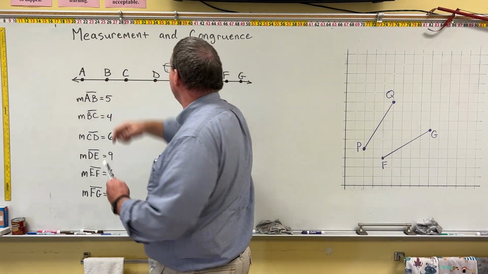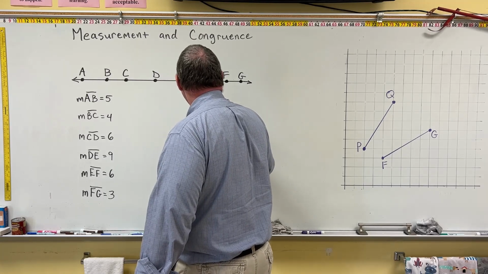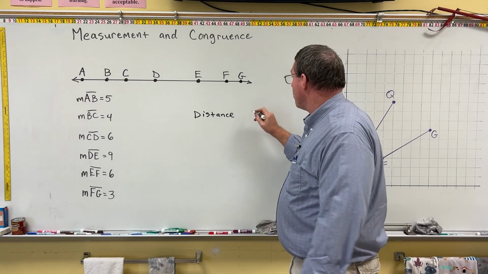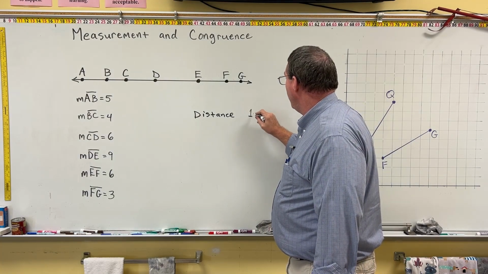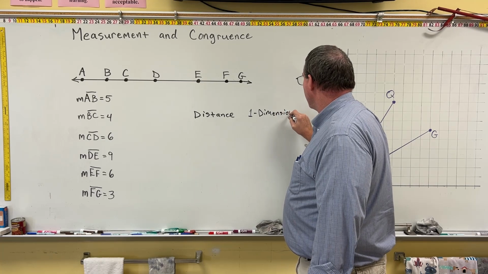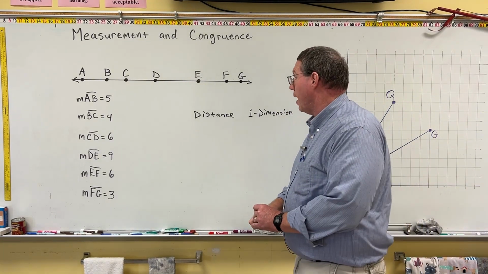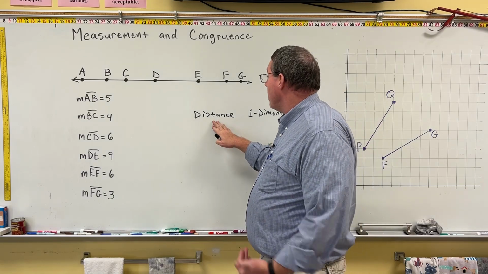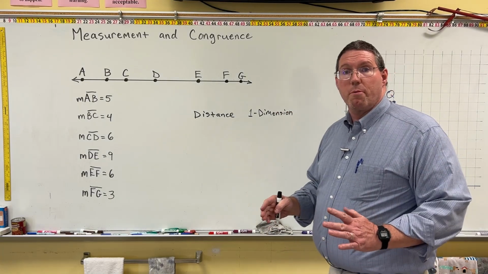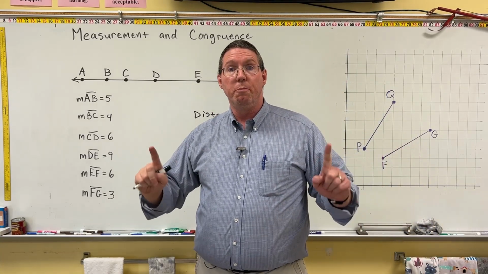So one of the kinds of measurement is distance. Distance is a measurement used for one dimension. It is a measurement unit of one dimension, okay?